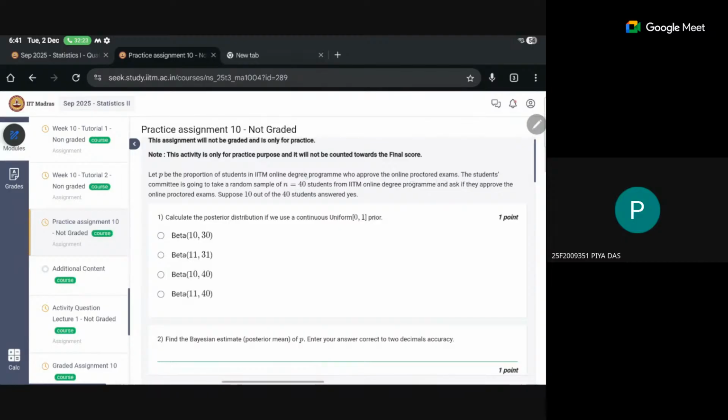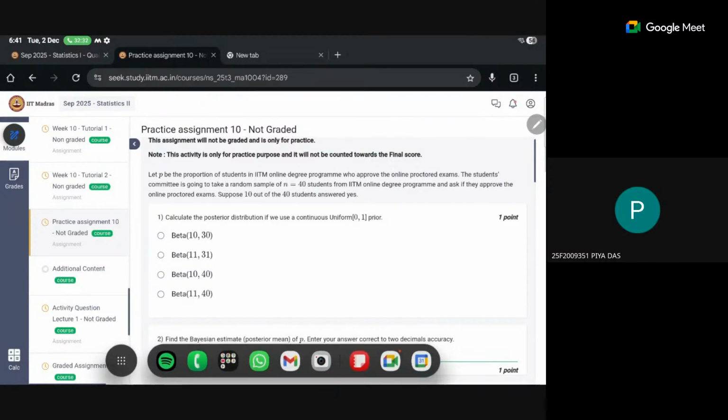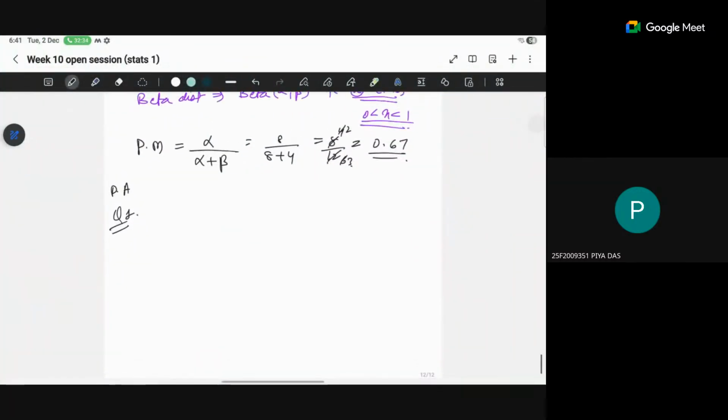From a sample of 40 students, only 10 of them have said yes. Now we need to find out the posterior distribution. So you guys have opened up your portal, right? You can see the question, correct? Yes or no? Yes, ma'am.